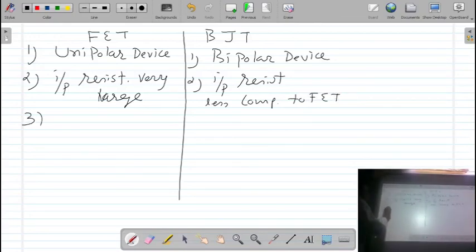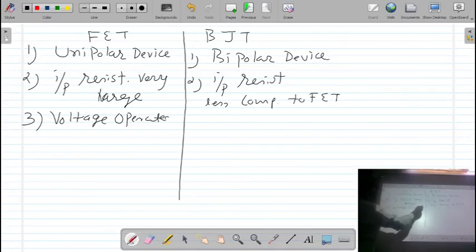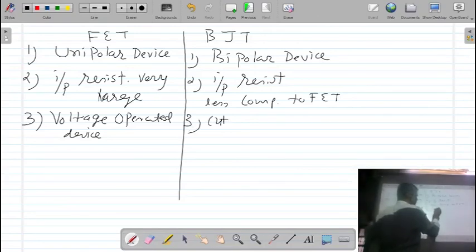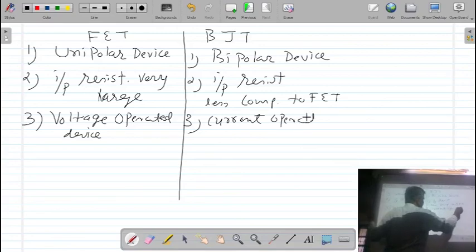Third, FET is a voltage operated device. Here, BJT is a current operated device.